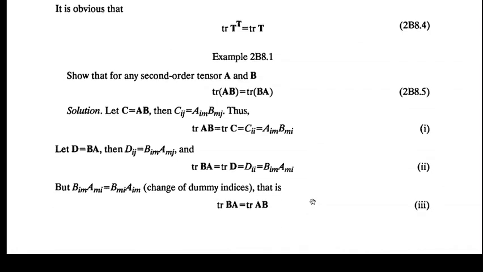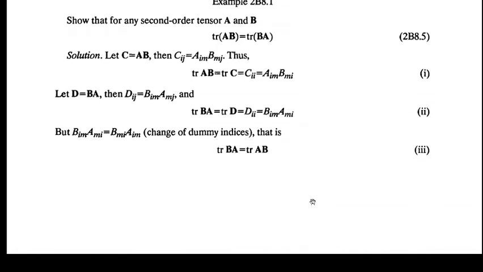This is a simple example showing that trace of AB equals trace of BA, where A and B are second order tensors. Let C be equal to AB. The components are Cij equals Aim Bmj, and the trace of AB equals the trace of C, which is Cii, that is Aim Bmi. Now let D be equal to BA.